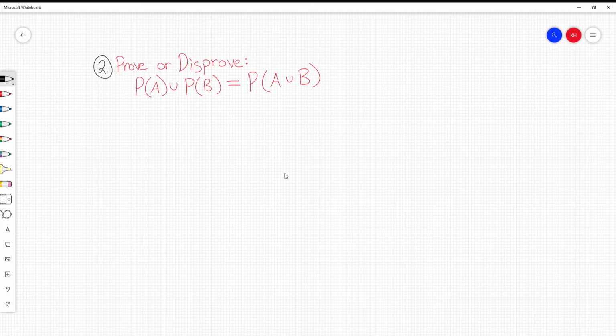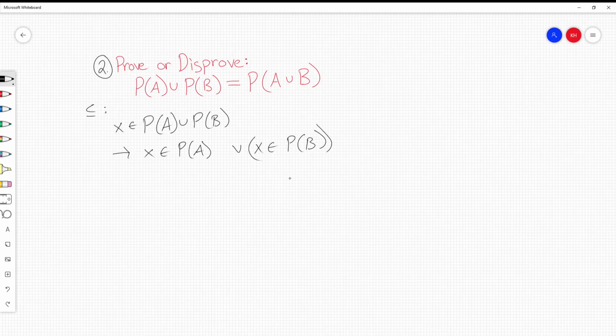We'll go first left to right. We get X is an element of the power set of A union the power set of B. This implies that X is an element of the power set of A, or X is an element of the power set of B.